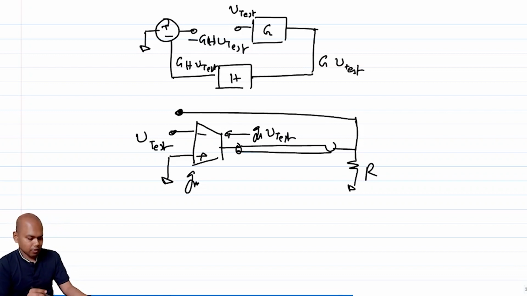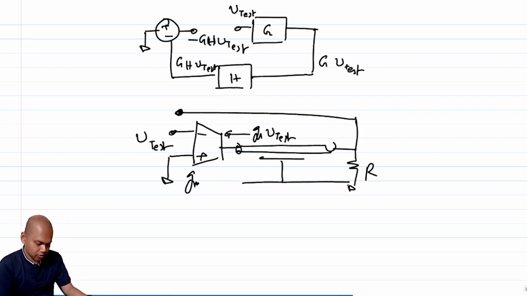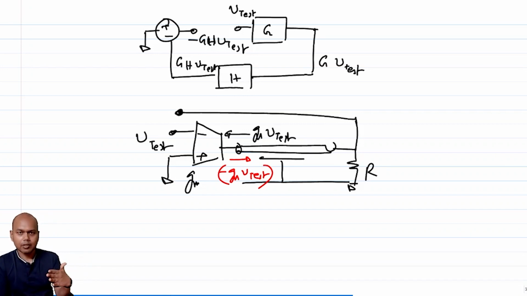Okay. Now, this is the transmission line, and whatever is the current that is coming out, note that this is a source, right? Now the current waveform, right? So essentially, if you think of it in this way, if this direction of current is minus GM times V test, so this is the incident current, right?